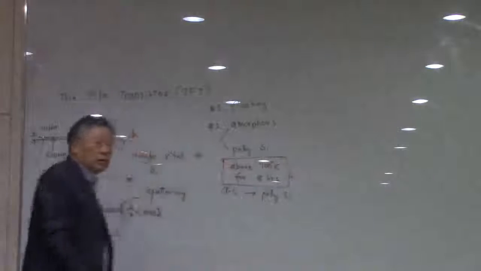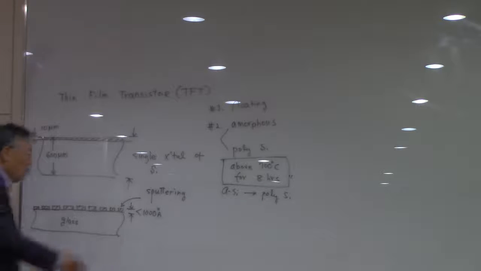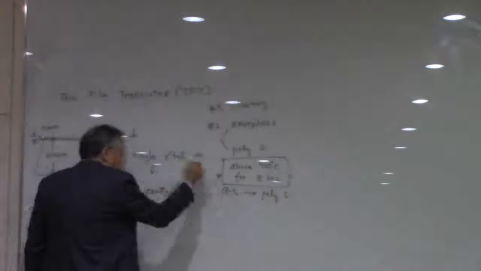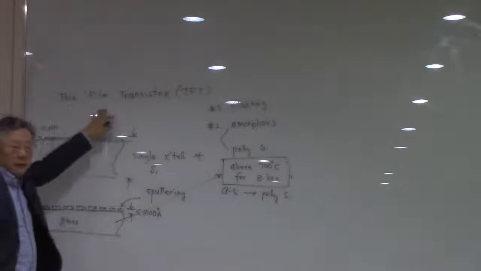but unfortunately you cannot do this because the glass, which is essential for the display devices, should be transparent. The substrate has to be transparent, so we have to use the glass, and then this glass cannot put up with this temperature. So that's why we have been using the amorphous silicon for the TFTs.